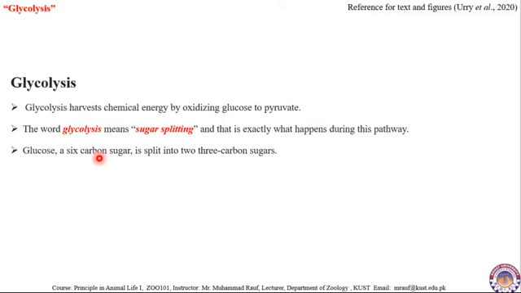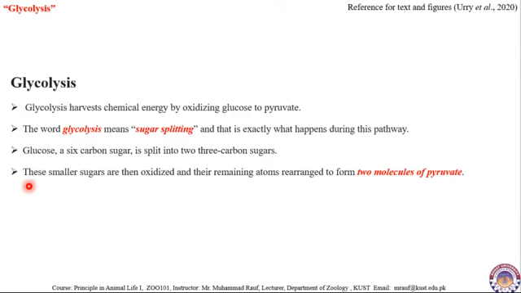Glucose, a 6-carbon sugar, is split into 2 3-carbon sugars. These smaller sugars are then oxidized and their remaining atoms rearranged to form 2 molecules of pyruvate. In books, you will quite often see another terminology for this molecule, which is pyruvic acid. So, pyruvate is the ionized form of pyruvic acid.